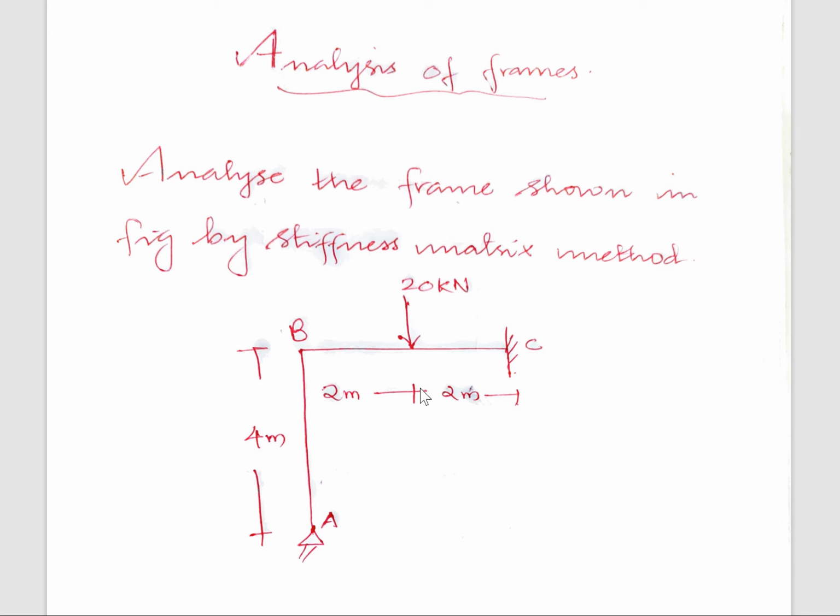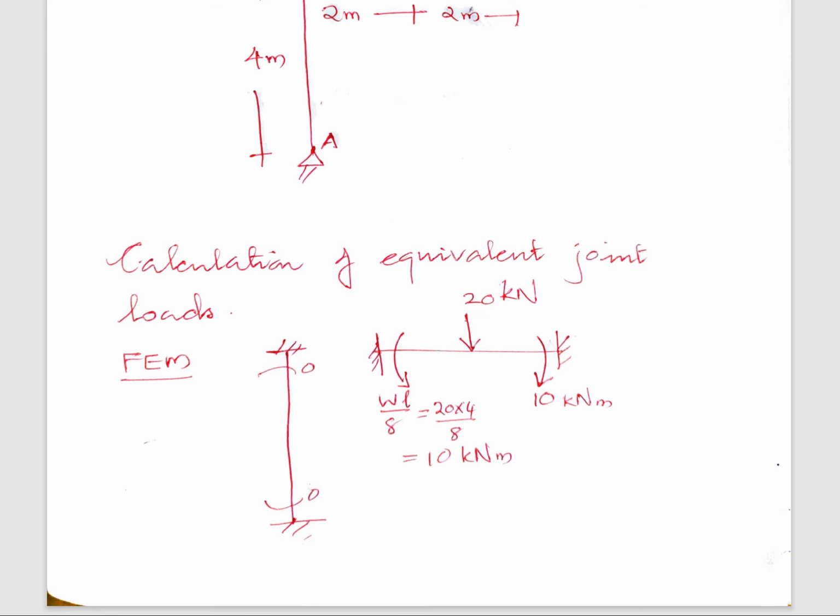For that, first of all, let's find out the fixed end moments. So the calculation of fixed end moment. For the span AB, the fixed end moments MFAB and MFBA are equal to 0 because there is no load acting on the span of AB.